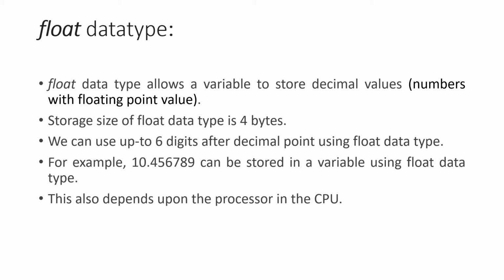Float data type. What is float data type? Float data type allows a variable to store decimal values, numbers with floating point values. Storage size of float data type is 4 bytes.